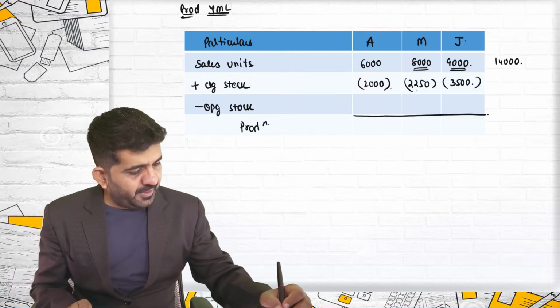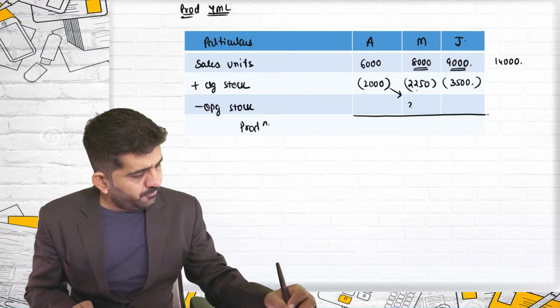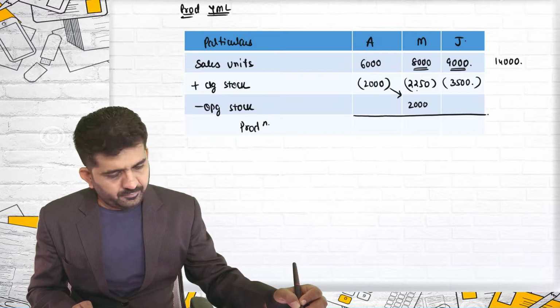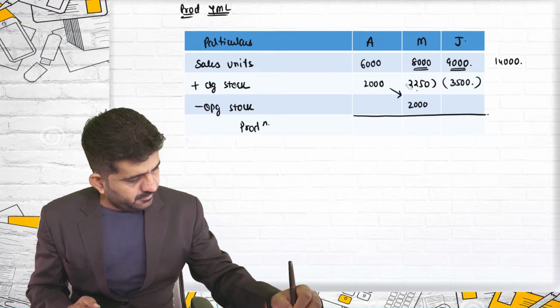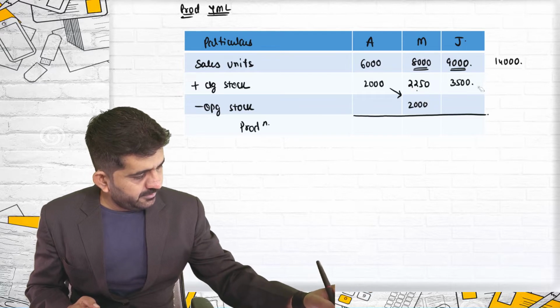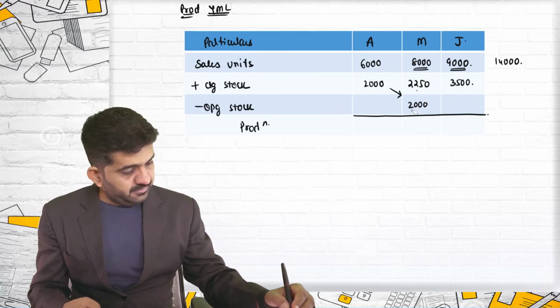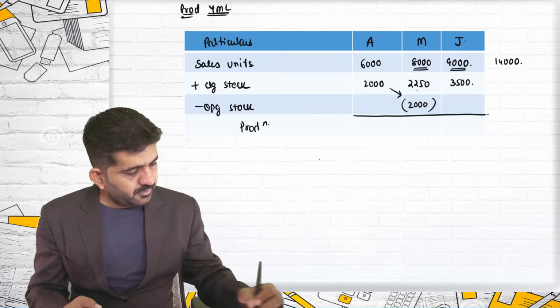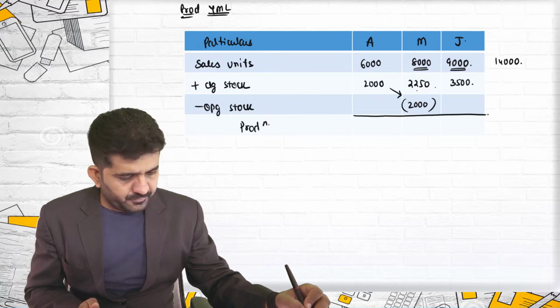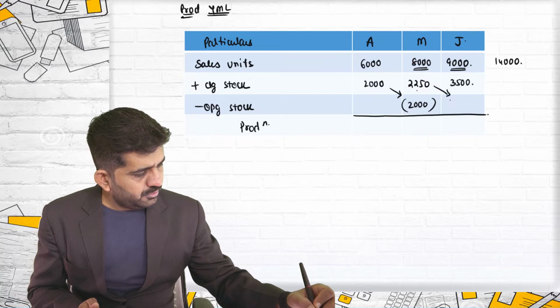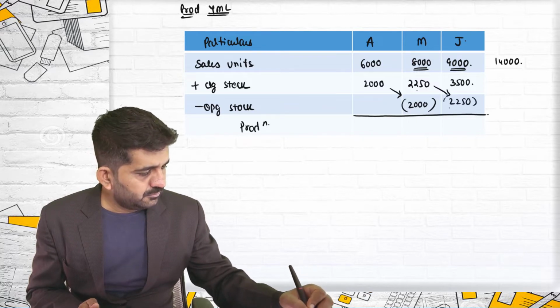Closing stock of April will become opening stock of May. Closing stock is added, right? Incorrectly written subtraction sign. Opening stock is deducted. Closing stock of May will become opening stock of June, 2250.